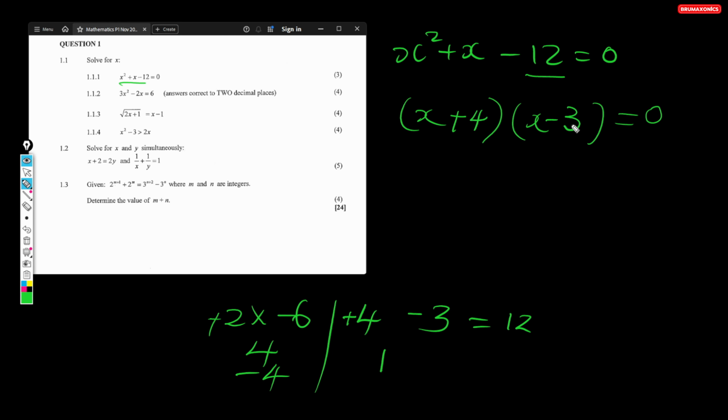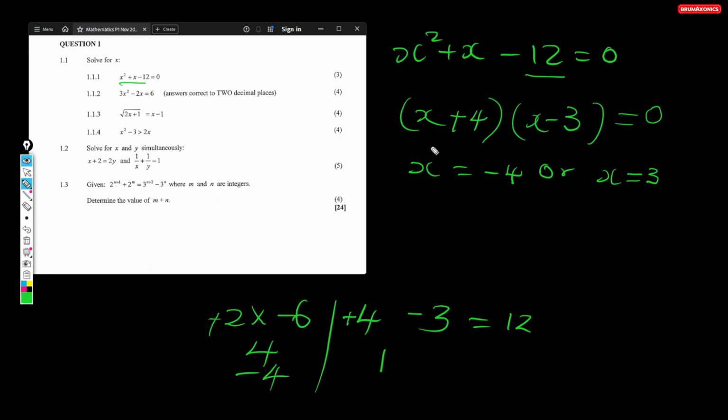However, when we add them, 4 minus 3 will definitely give us a positive 1. So these are the correct factors that we should use when solving for x here, right? So this one will be x equals negative 4, and the other one will be x equals positive 3. This is actually the simplest way to solve this particular equation.